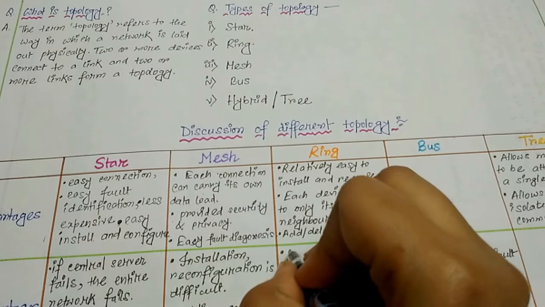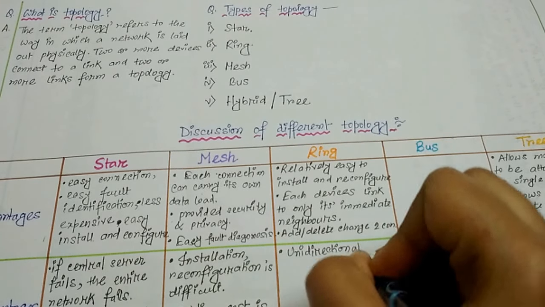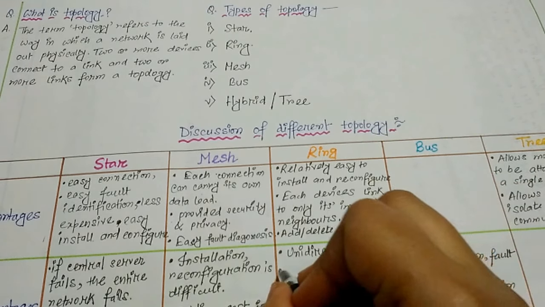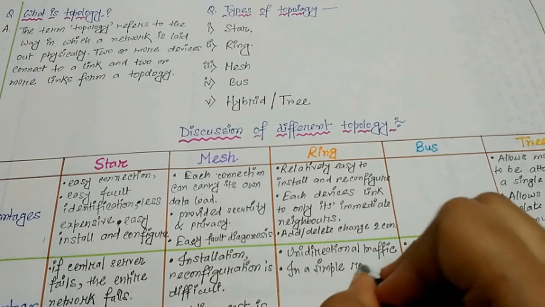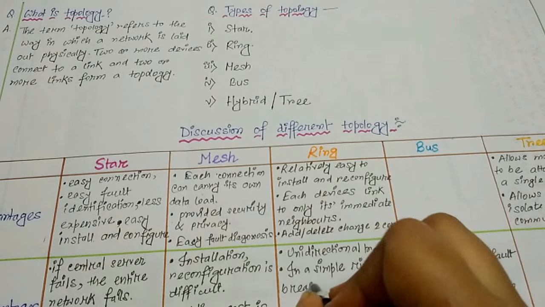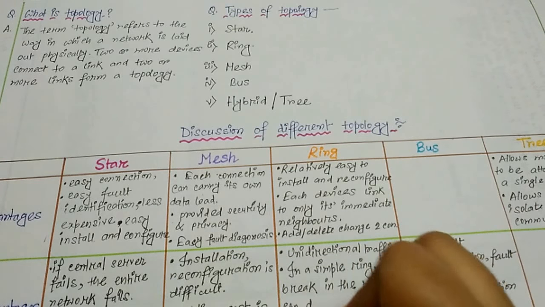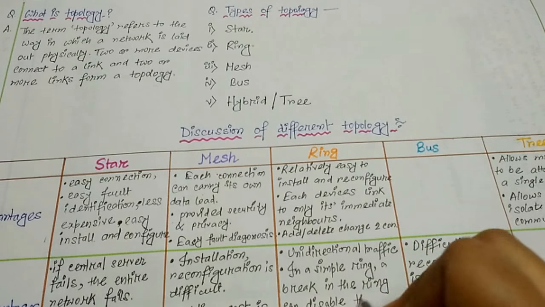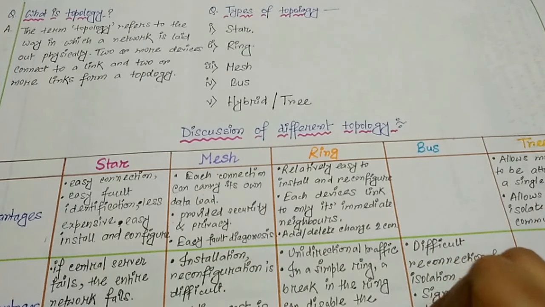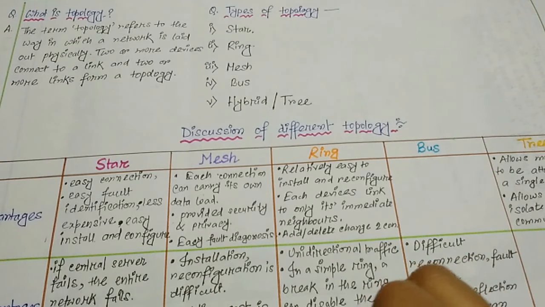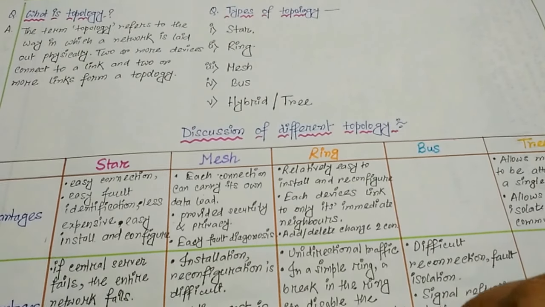So I should write the disadvantages: unidirectional traffic; in a simple ring, a break in the ring can disable the network, but it can be solved by using a dual ring.